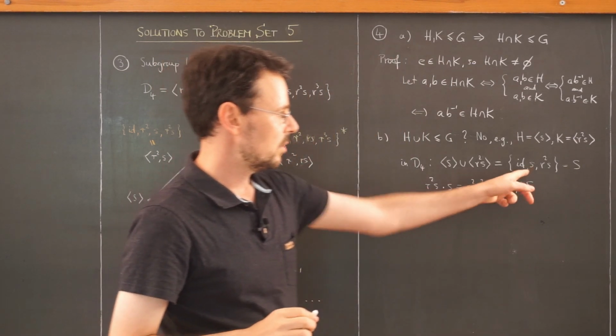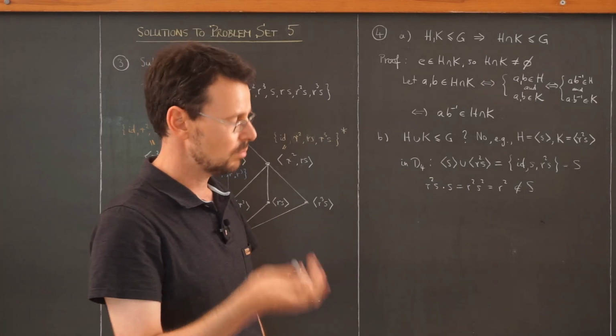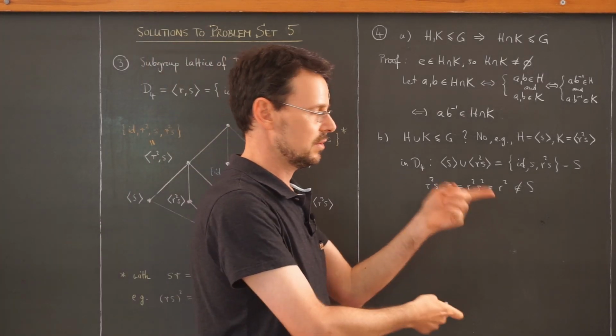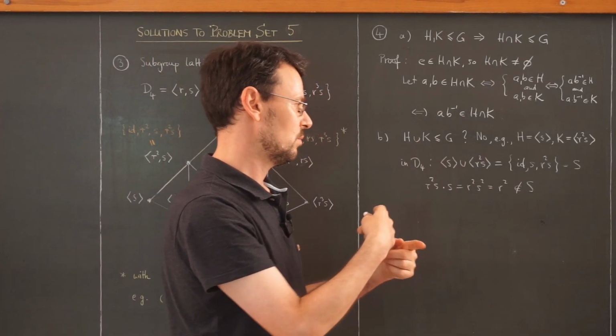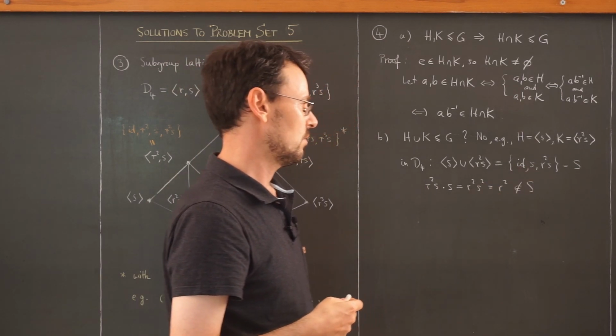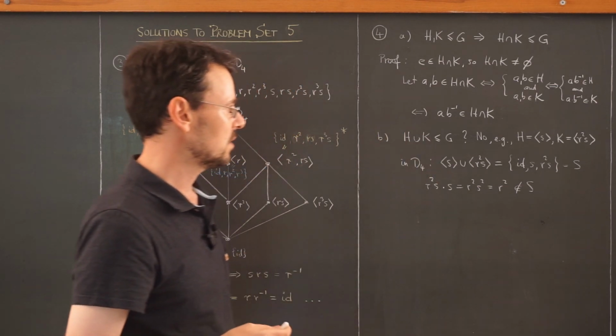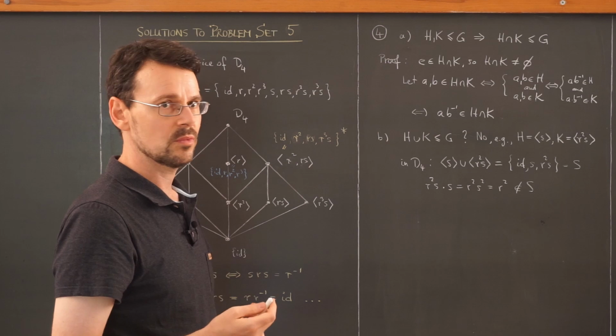And r squared is obviously not in this set here. Well, it's not completely obvious, but you have to convince yourself that r squared, the rotation by 180 degrees, is not one of those reflections here. So this shows in general the union of subgroups isn't a subgroup again.